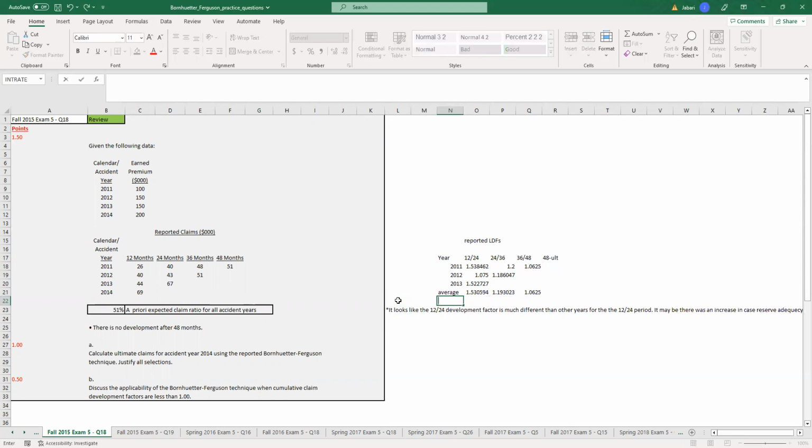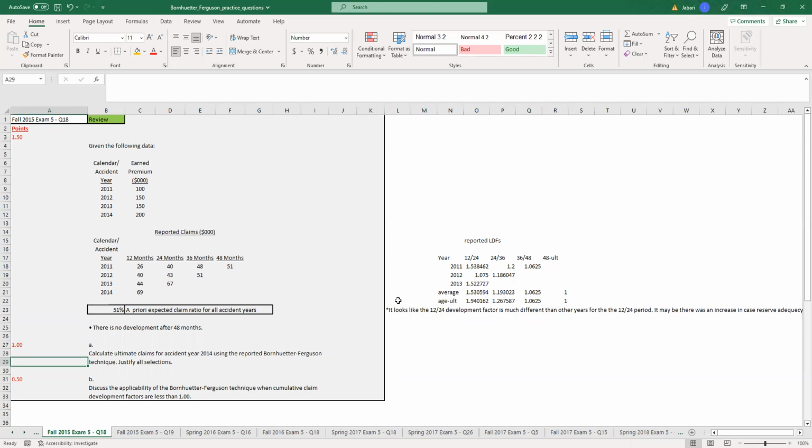And then, of course, we need the age to ultimate factors, which is simply a product across everything. Copy that across. And then, of course, it says that there is no development after 48 months, so just put a 1 there.